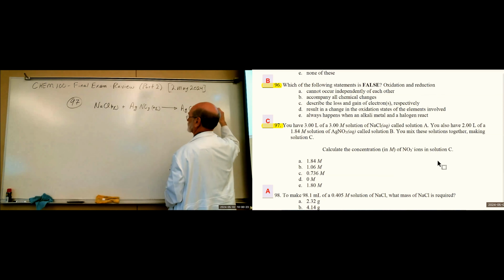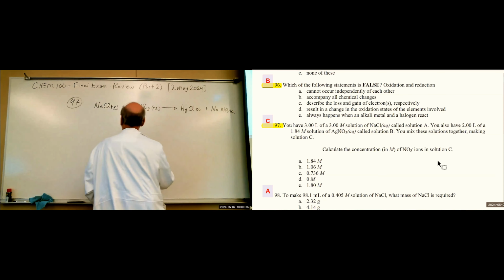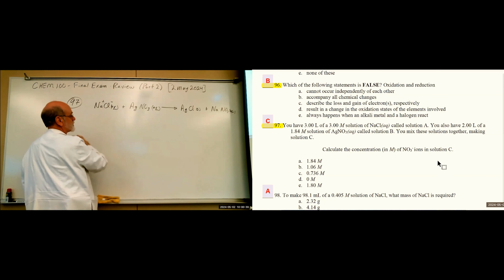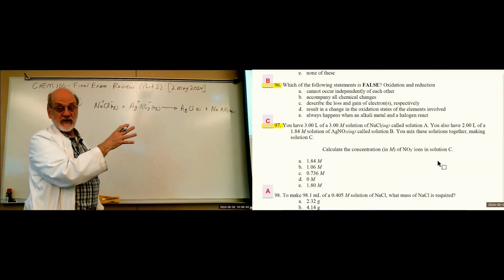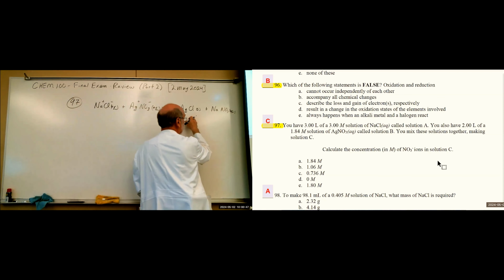And what's left over? Sodium and nitrate, which we determined is soluble. That means we started off with those ions in solution. These separate ions in solution. This makes a solid.